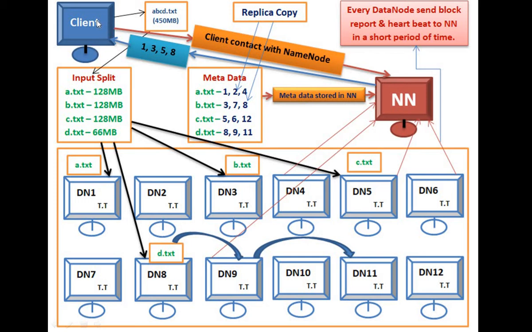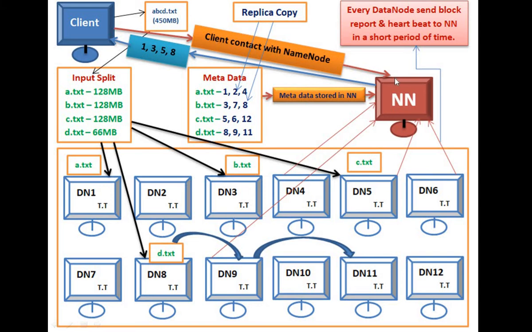First of all, the client should communicate with the NameNode, because he does not know how and where to store the data on the DataNodes. As we see here, the client tries to communicate with the NameNode.